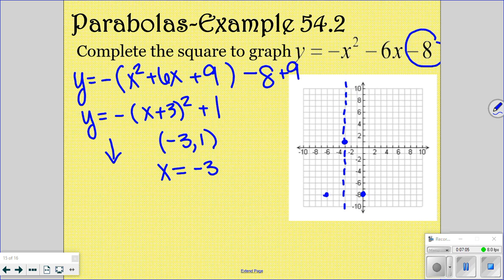And then I need to pick one other point. So I can either do negative 1, negative 2, negative 4, or negative 5. I'm going to do negative 1. Negative 1 plus 3 is negative 2. Squared is 4. Negative 4 plus 1 is negative 3. And so it's 2 away, so I need to go 2 away on the other side. And so this would be my parabola.